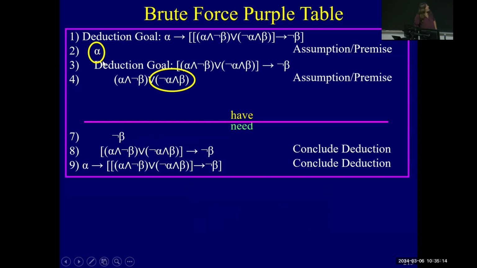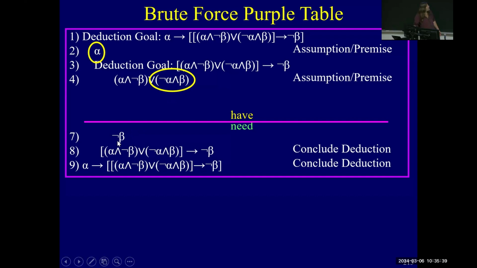I have alpha. Oh, well, I don't know how to use this whole big thing, but I do know this looks promising. If I knew this was true and I knew alpha was true, then that would give me that this was false, and hence beta would be true.